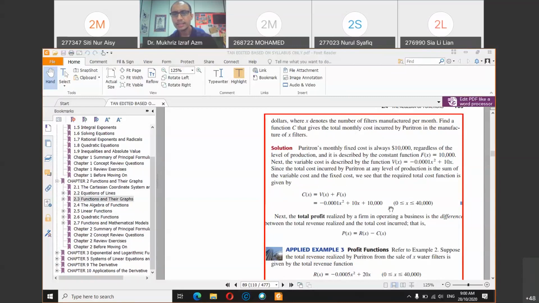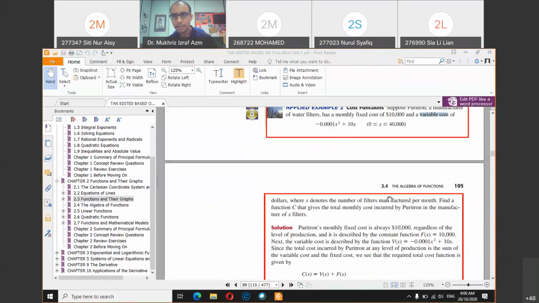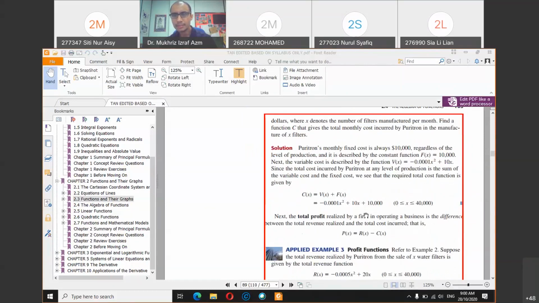Here it might look very simple, but in your principles of economics or microeconomics study, you're going to see this a lot, in your course, this term or next term. So once you develop the total cost function, then you can solve the problem. The question asks you to find a function C that gives total monthly cost. So this is what you get. Basically this example just needs you to obtain the total cost function.